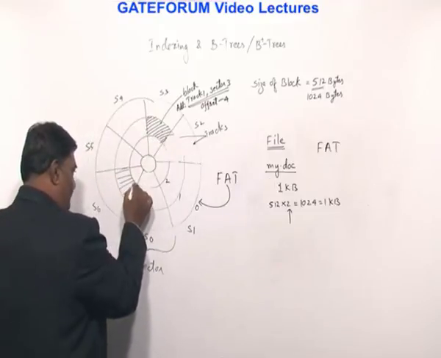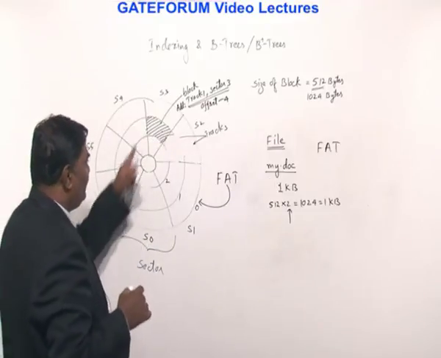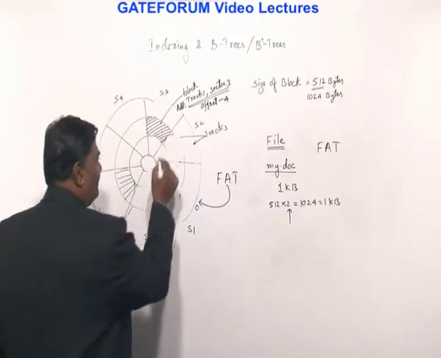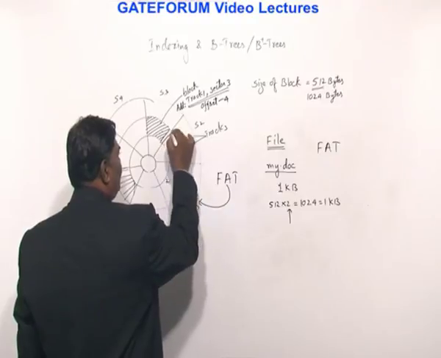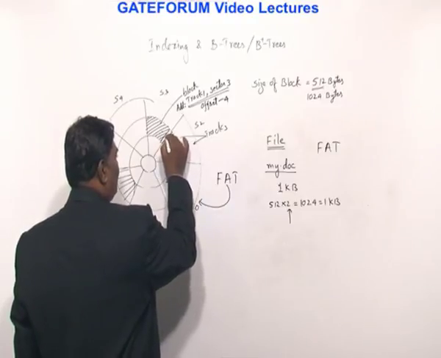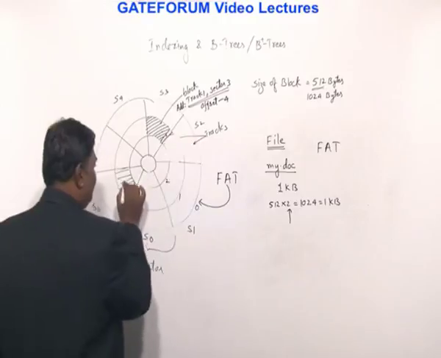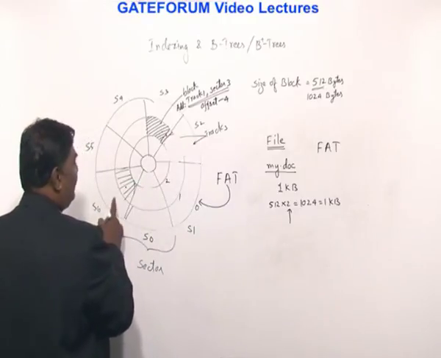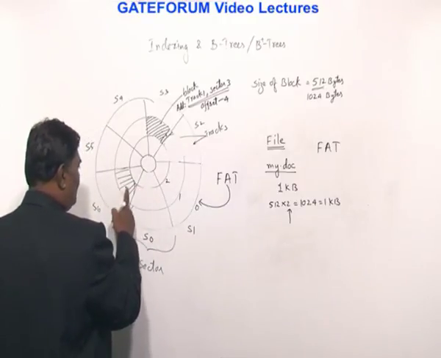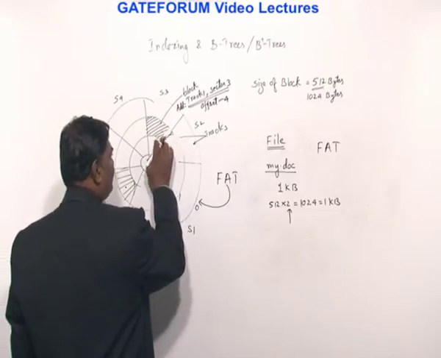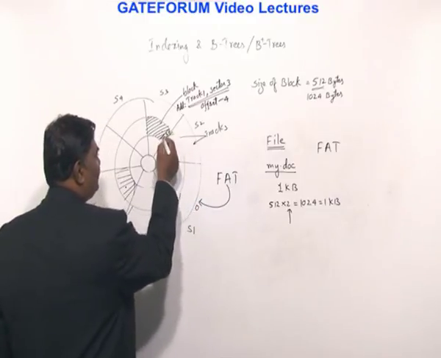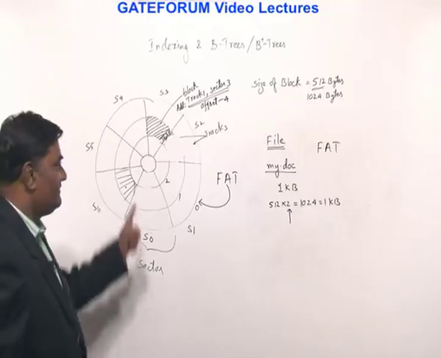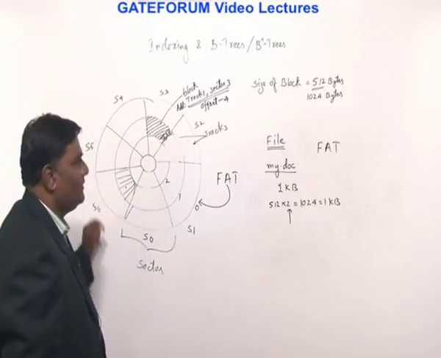So when it is getting these 2 blocks, a link is kept inside this block to show that next block is here. It means the address of this block. What is the address of this block? Track 2 and sector 6. This information is kept inside this block. That is nothing but a link to the next block.